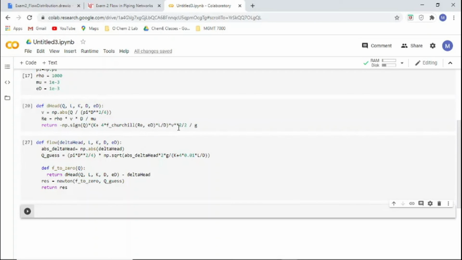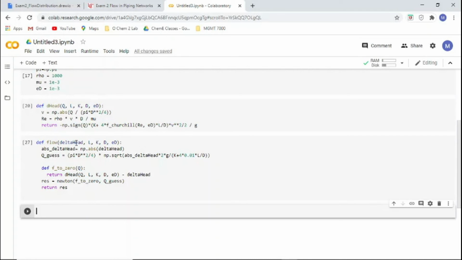So if it's a negative velocity or a positive velocity, because it's squared, we're going to end up getting the same answer. So we ended up incorporating the sign of our flow to account for if this was a negative velocity, so that we get the differences between a negative and positive velocity for the delta head.